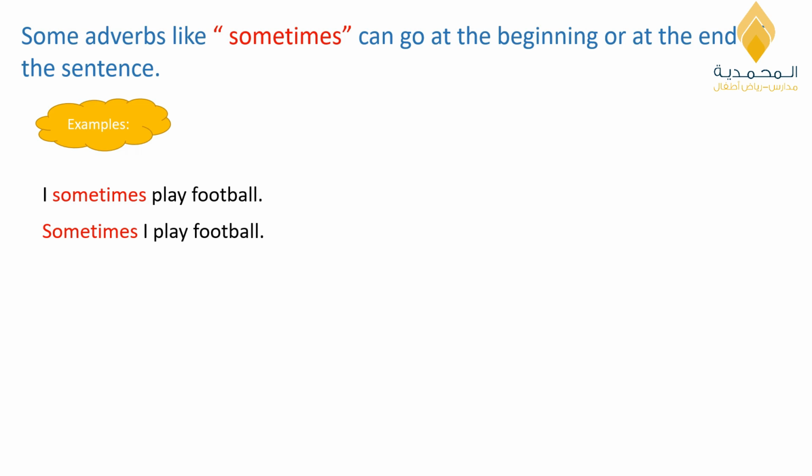Sometimes I play football. Here we put sometimes at the beginning of the sentence. I play football sometimes. In this sentence, we put sometimes at the end of the sentence. So, sometimes can go at the beginning of the sentence, at the end of the sentence, and before the verb.